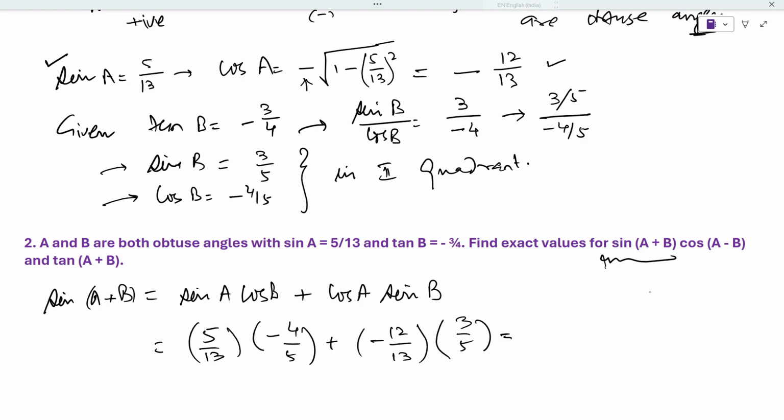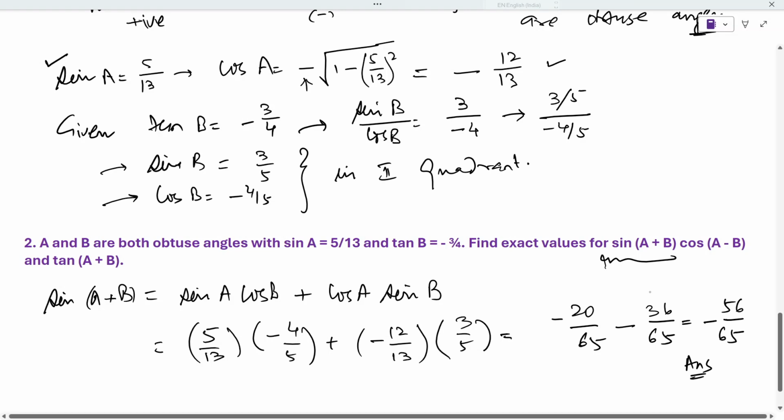So this is minus 20 upon 65 minus 36 upon 65. So this is minus 56 upon 65. Answer. So this part has been solved.